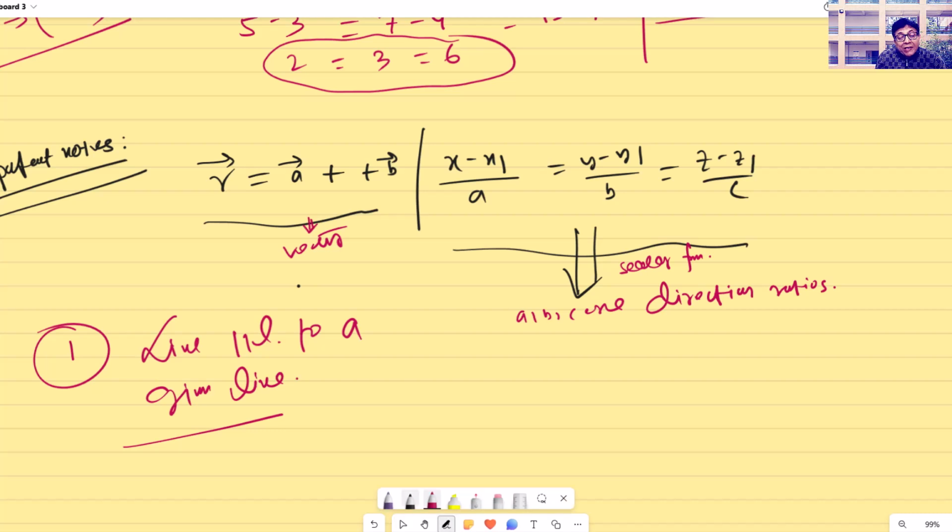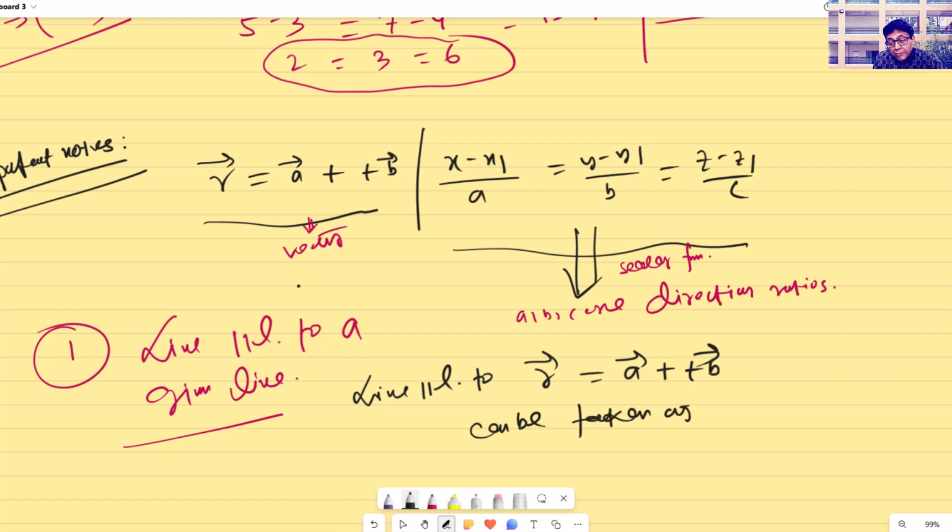So in vector form, a line parallel to r equal to a plus tb can be taken as r equal to a dash plus lambda b. The point will differ; in place of a, there is another point a dash. But this thing you cannot change.